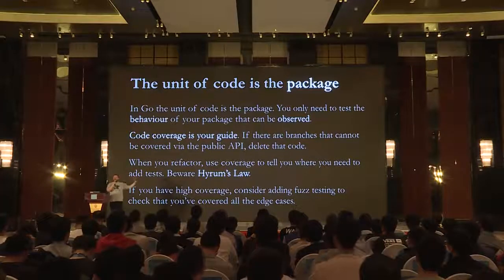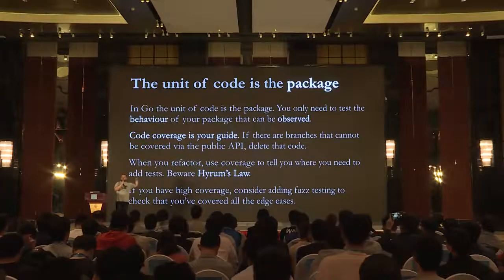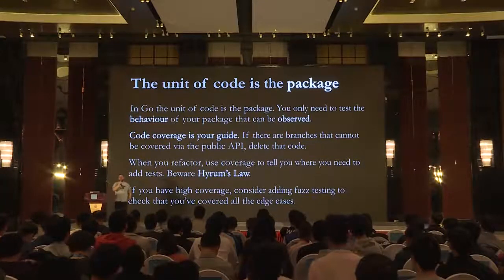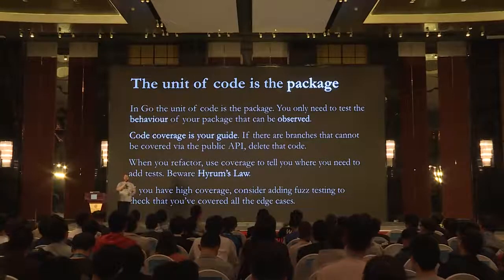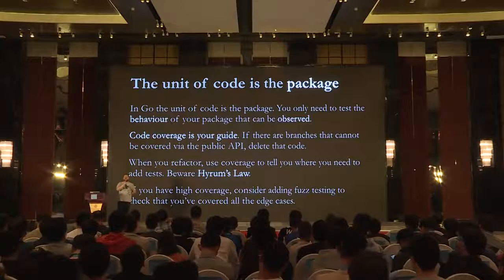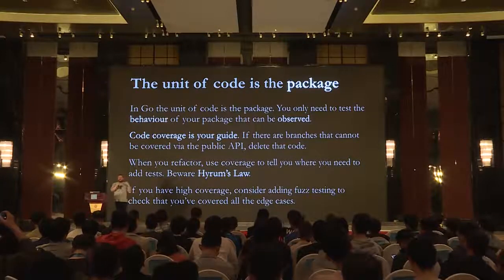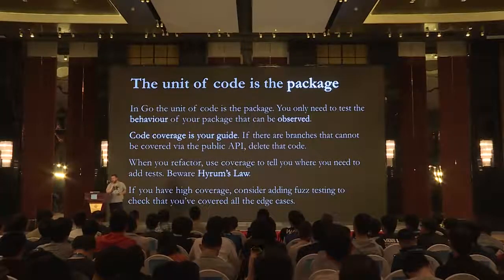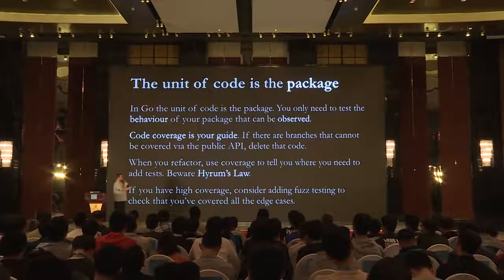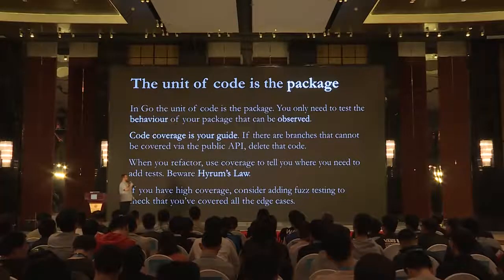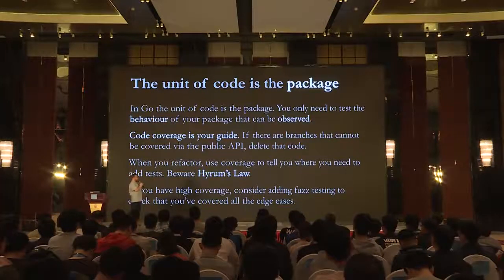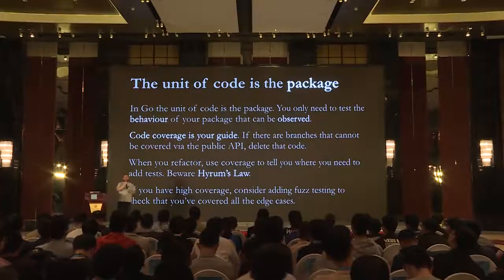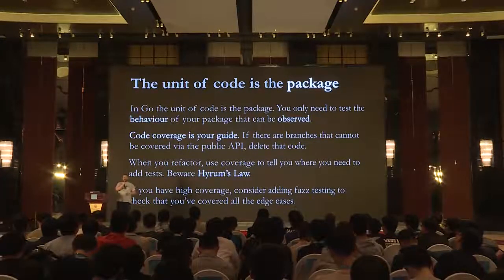If you refactor your package and your coverage goes down, you have exposed new branches to the outside world. You have exposed new behavior that you have not guaranteed, that is incidental, but is still visible from the outside world. And the opposite, if you have high coverage, consider adding things like fuzz testing to check that you've actually covered all the edge cases, to really test the robustness of your public API.